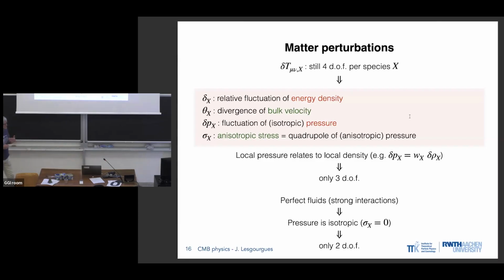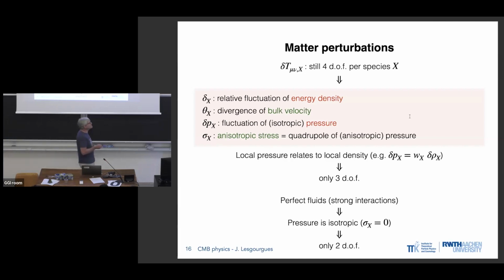But if it can be expressed as a gradient of a scalar, it means that it's also completely encoded in its divergence. And so the degree of freedom in which we are interested is not the full bulk velocity field, but only the divergence of this bulk velocity, because it contains all the information about the scalar part. And we will call theta the divergence of the bulk velocity of x.